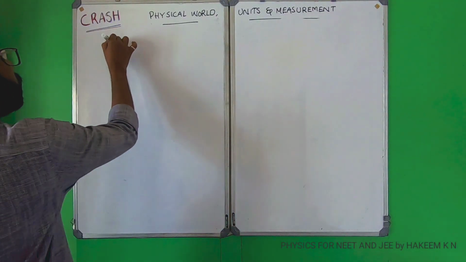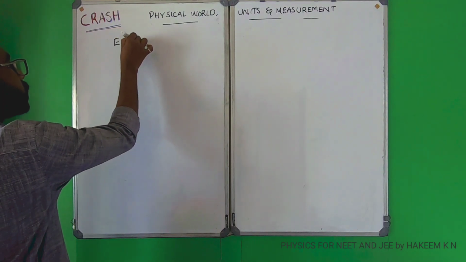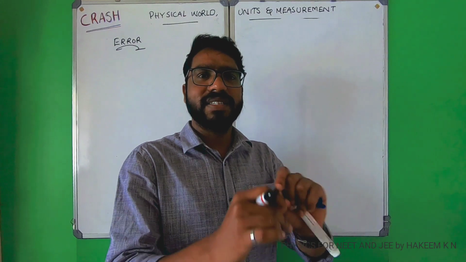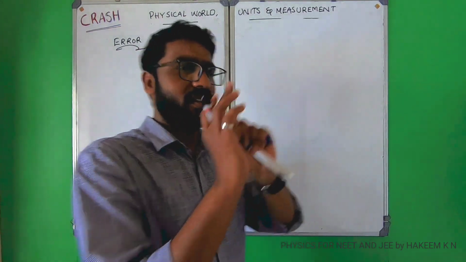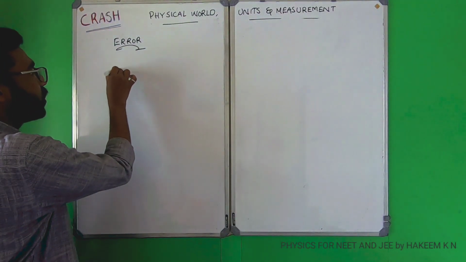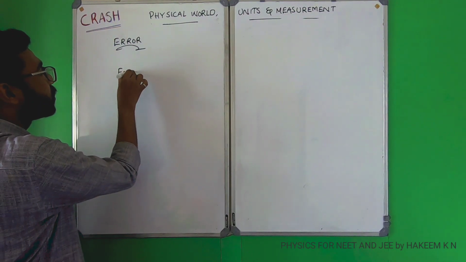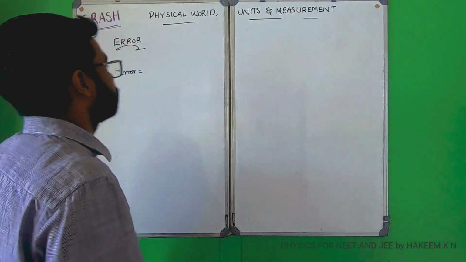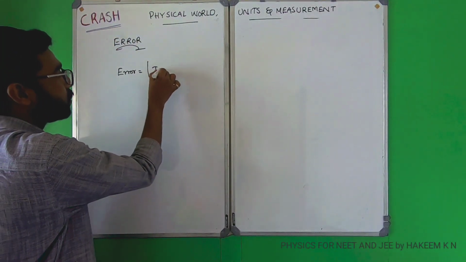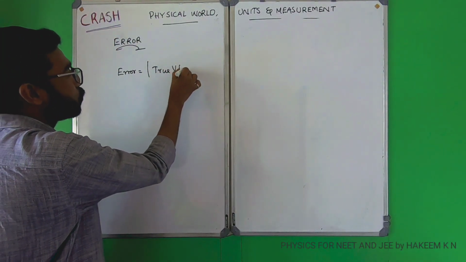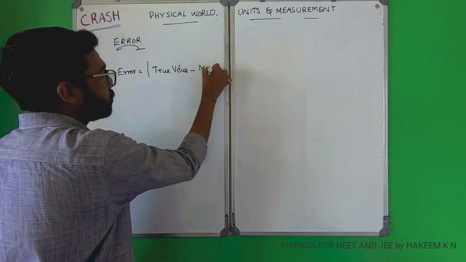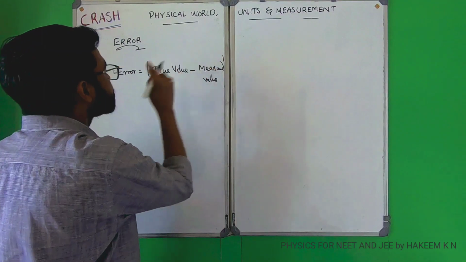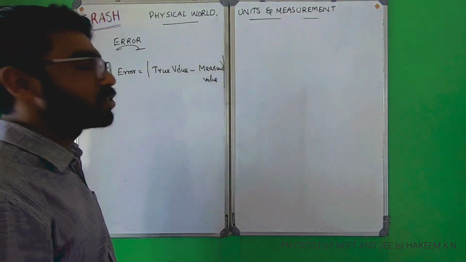Okay, now error in measurement. What is error? Error is the uncertainty in measurement. Error is the difference between the true value and the measured value, the modulus of true value minus measured value.